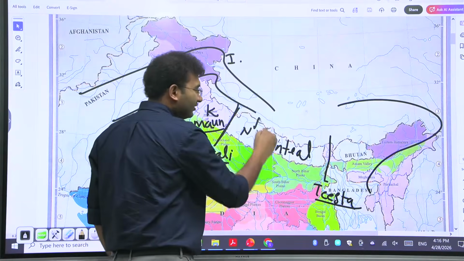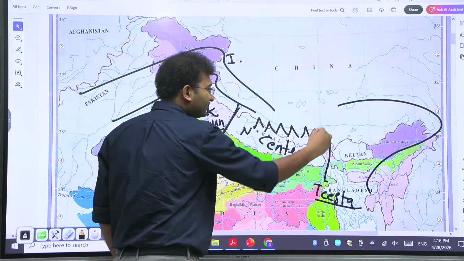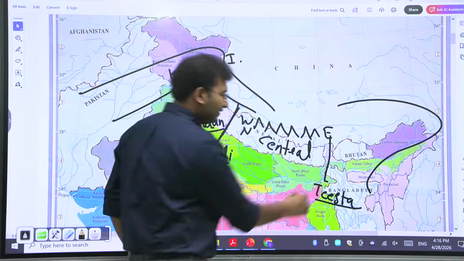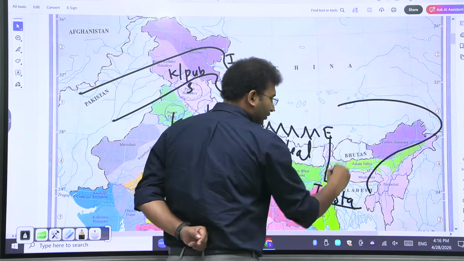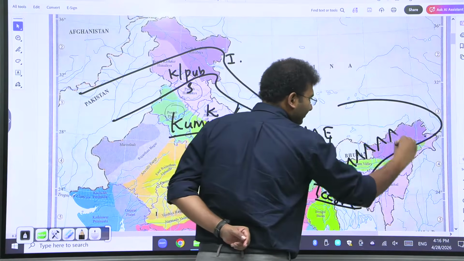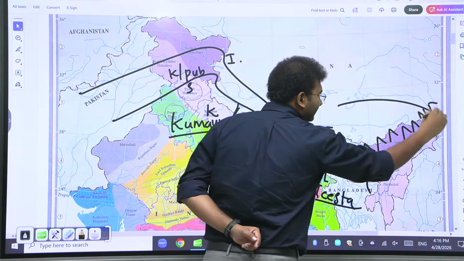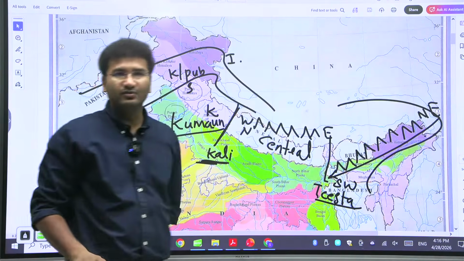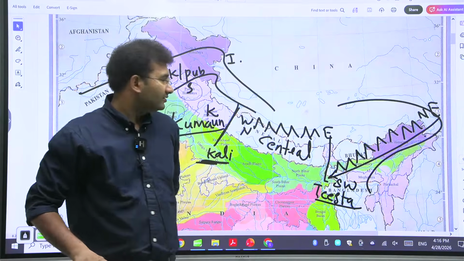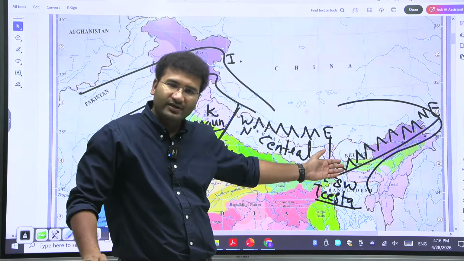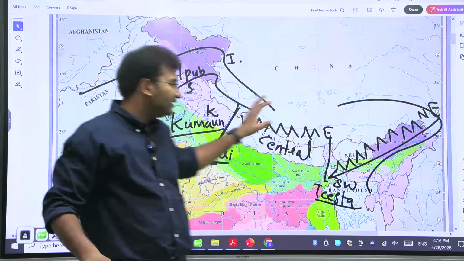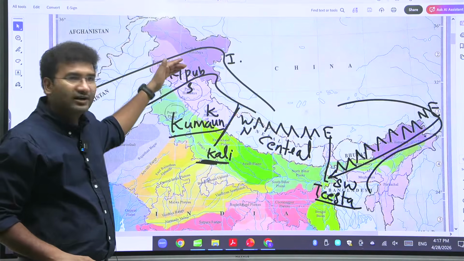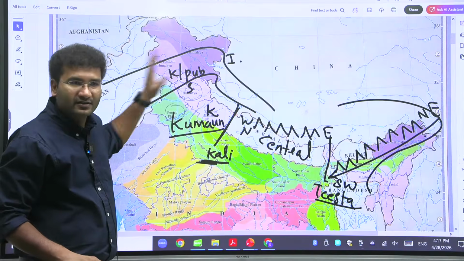The orientation of Himalayas here is east to west. Now between Teesta and Brahmaputra, the orientation of Himalayas is northeast to southwest direction. This is the direction. So these are called Assam Himalayas or Northeast Himalayas. These are called Central Himalayas, and these are called Kumaon, and these are called Punjab or Kashmir Himalayas. Right?